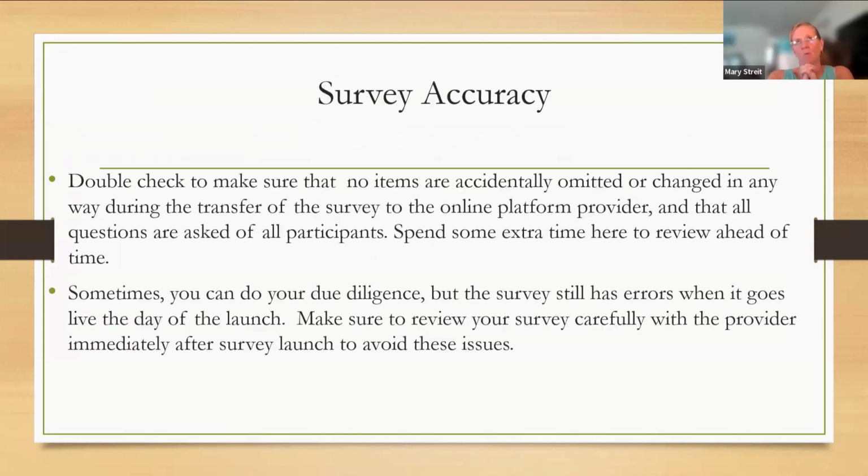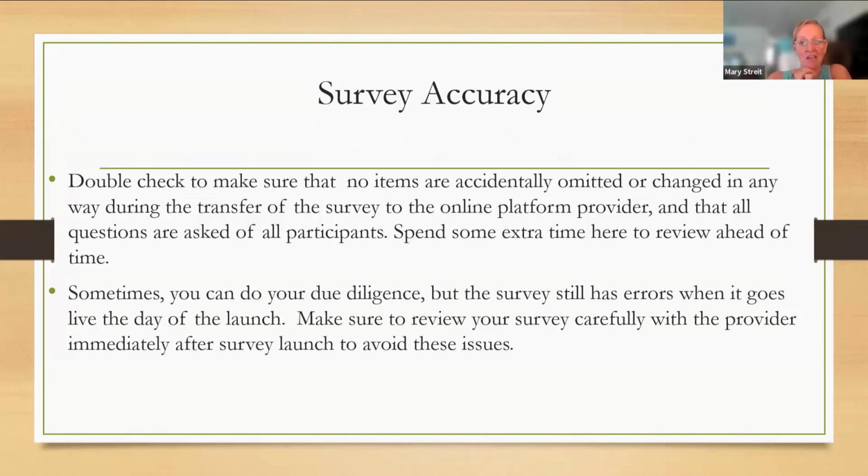So when you are working with Qualtrics, you are going to give them your survey. So you're going to give it to them in Word. Say you had 40 questions, so you couldn't use the free account. So you'll email it to them. This is what I did. And I'm like, okay, everything's great. Don't assume that everything gets transferred properly or correctly.